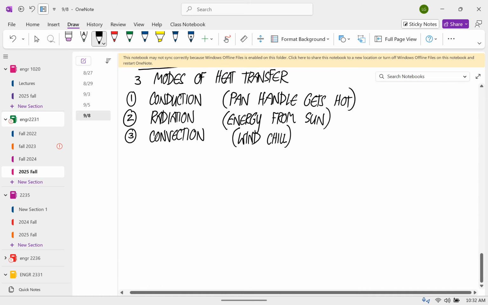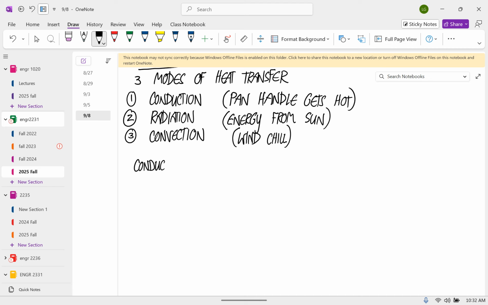Okay, so I'm going to talk about conduction first. Professor? Yeah. So in terms of stoves, like a gas stove, because the natural gas is the thing that's getting hot, it would be convection? Well, let's see. I guess all three are happening almost all the time, just in different amounts.